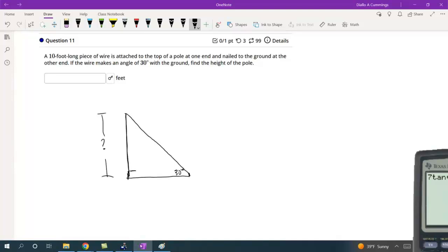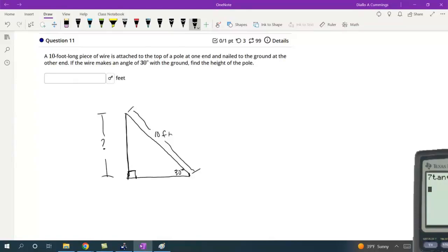And here we have our right triangle. We're also given that the length of the wire is 10 feet. Right, it's a 10-foot length of wire. And we're asked to find how tall our pole is.